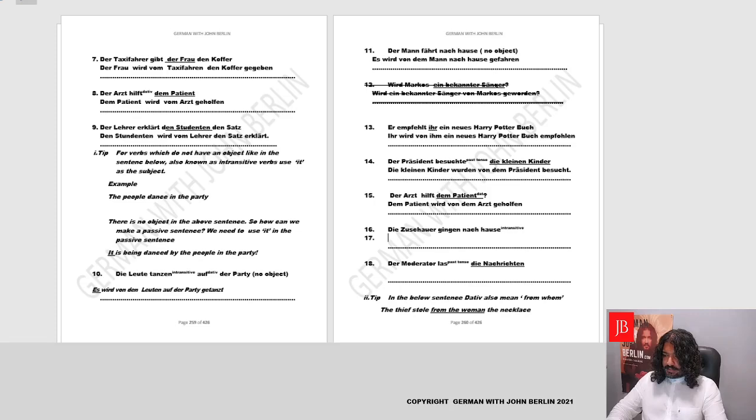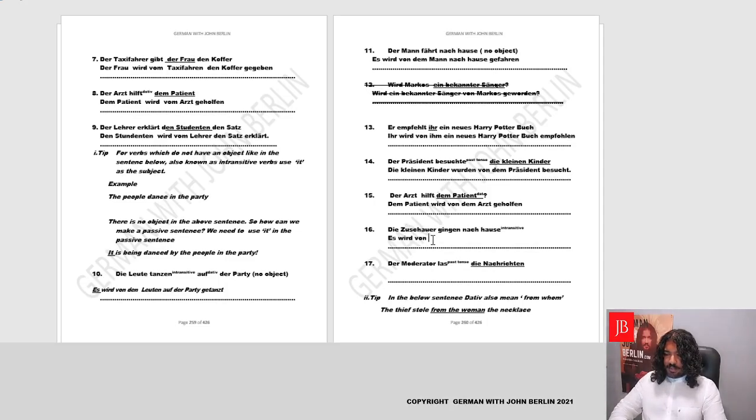Okay, so the next sentence says, die Zuschauer gingen nach Hause. The Zuschauer are like your audience. The audience goes home. So if you see here, there is no direct object or indirect object. There is just a preposition and an adverb, which means at home. So we need to use the rule of when there is no object in a sentence, we introduce S. So we say S wird, yes, it's being. The S wird von is dative, so Zuschauer is plural.